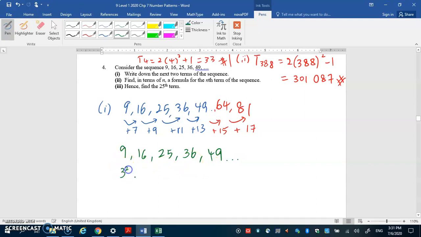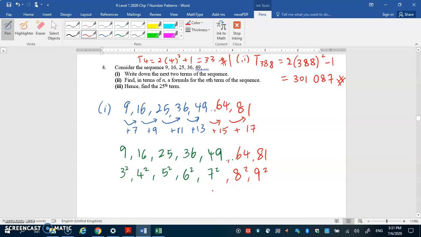It is 3 square. How did I get 16? It's 4 square. 25 is 5 square. 36 is 6 square. 49 is 7 square. So my next two terms should be 8 square and 9 square, which is how I get 64 and 81, right? So whether you do the first method or the second method, you should still get 64 and 81.